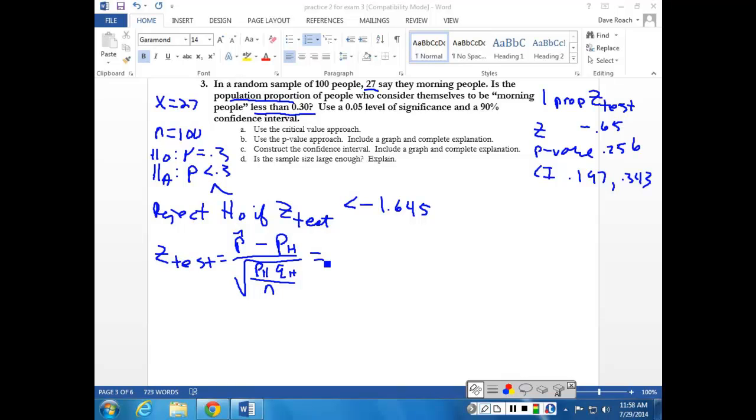Our sample proportion, p hat, is equal to x over n, 27 out of 100, which is 0.27, minus the hypothesized 0.3. For hypothesis testing, we're going to use that 0.3 here, and 1 minus that, which is 0.7, and divide that by n.